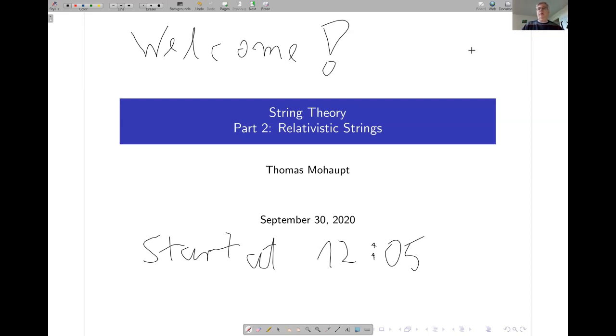Now, last time, we discussed the relativistic particle and started a little bit to talk about the relativistic string. But before I carry on, is there any immediate question that somebody would like to ask?